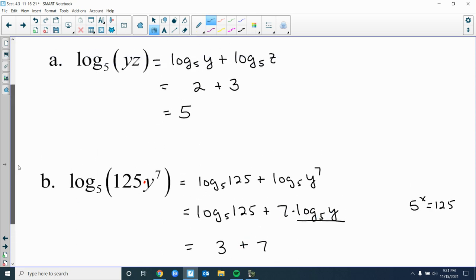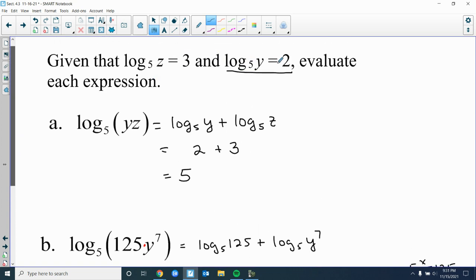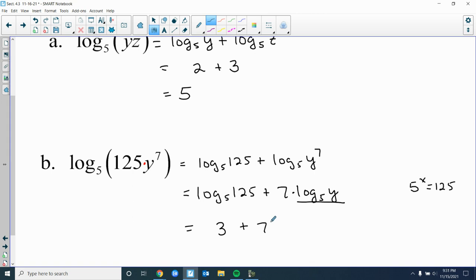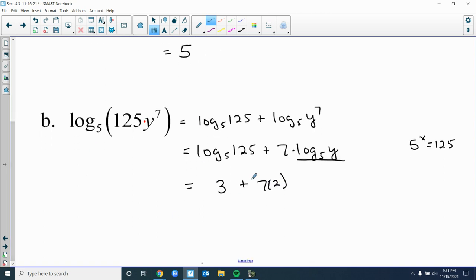And what do we say the log base 5 of y is from up above? The log base 5 of y is 2. So that becomes 7 times 2. That becomes 3 plus 14, which equals 17. So that's going to be our answer for the log base 5 of 125y to the 7. Split it apart using the product rule, and then we use the power rule here, and then we simplify. So the final answer is 17.